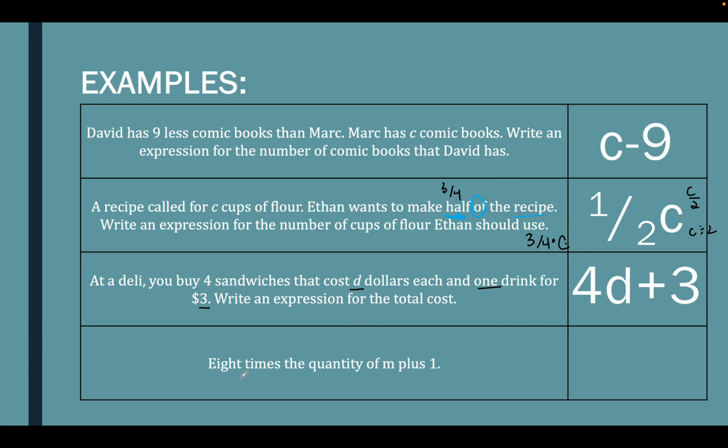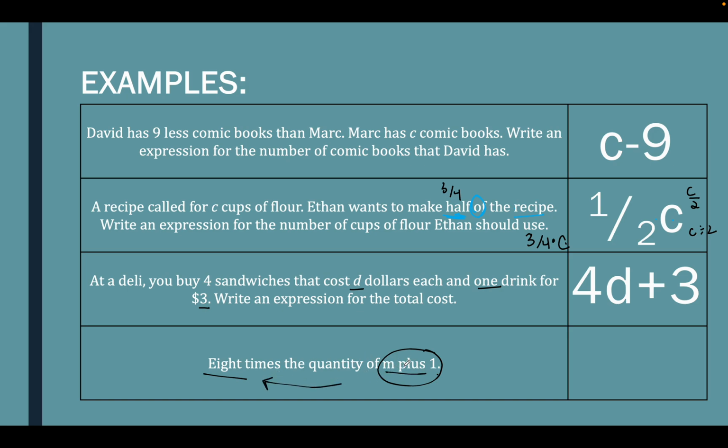And lastly, 8 times the quantity of M plus 1. This is going to say that we want to multiply this whole quantity, M plus 1, by 8. So the way that we can multiply this whole quantity times 8 would be to first add these together and then multiply your answer by 8.